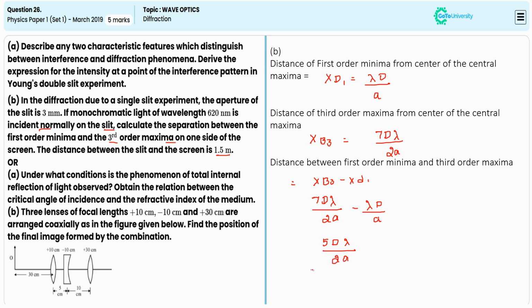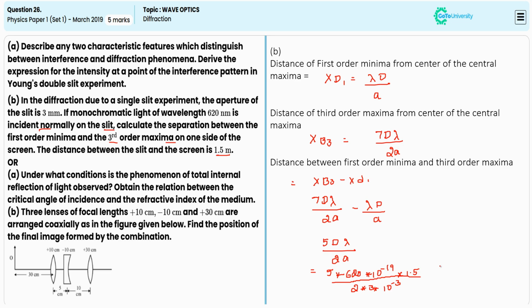Then if I substitute the values, 5 times 620 into 10 to the power of minus 9 into 1.5 divided by 2 into 3 into 10 to the power of minus 3.